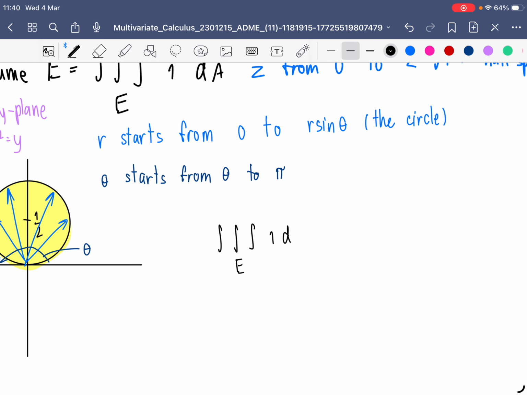So now we are back to integrating. The triple integral: z starts from 0 to square root of 1 minus r squared, r starts from 0 to sine theta, and your theta starts from 0 to pi, of r dz dr dθ.